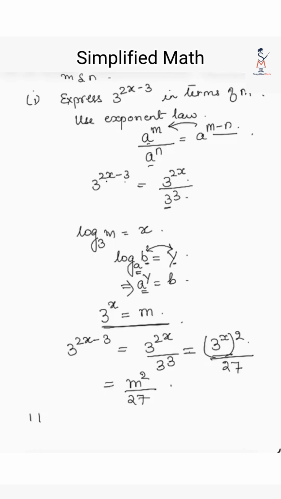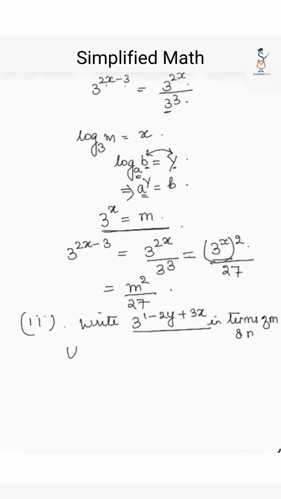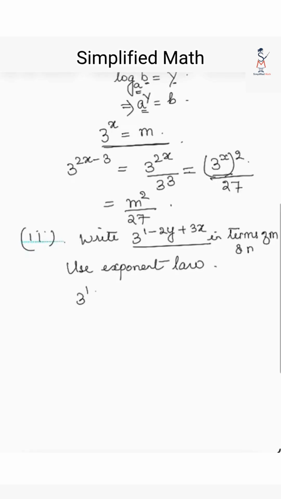Fine. Now we will do the second one. Second one was write 3 raised to the power 1 minus 2y plus 3x in terms of m and n. Same way we will use exponent law. So this will become 3 raised to the power 1 minus 2y plus 3x.